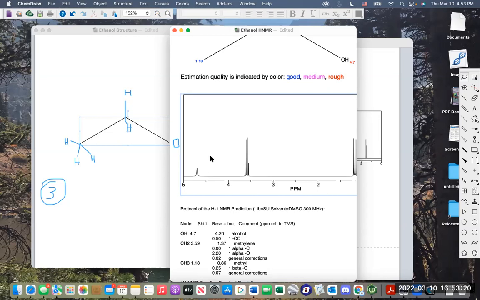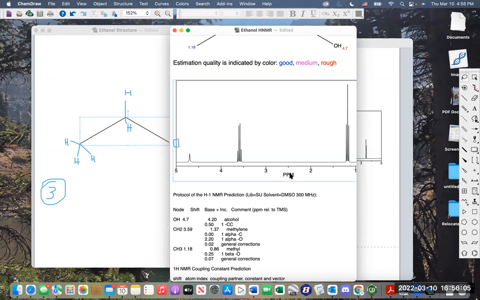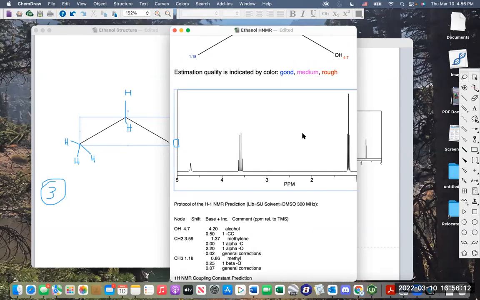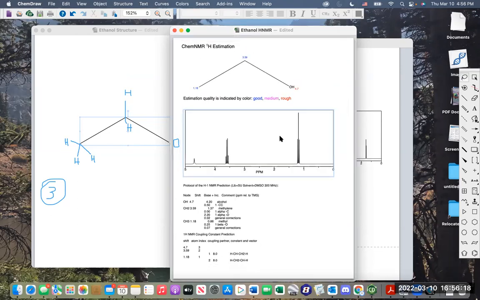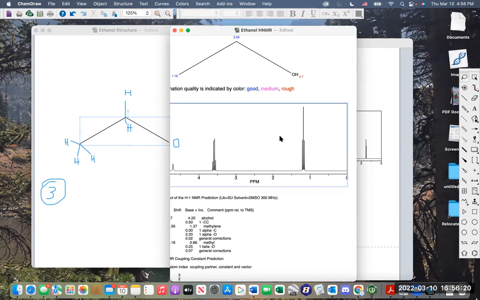Now that we've established where on this spectrum each of those signals is going to appear, next we need to discuss the integration of these different signals, or the area underneath the signal.